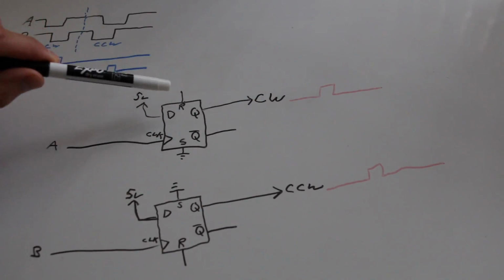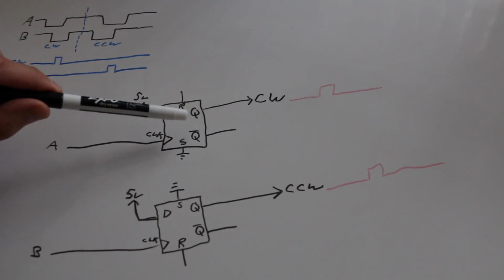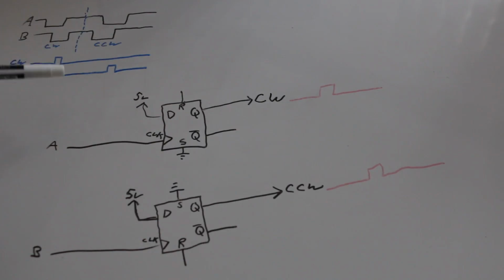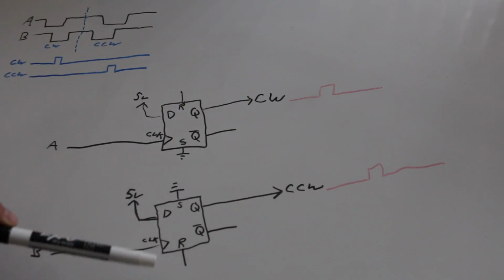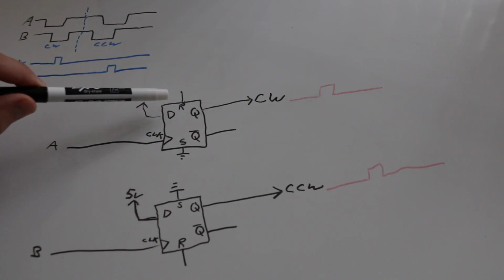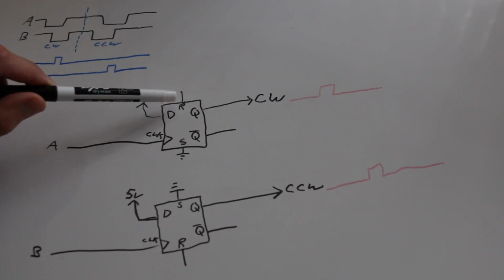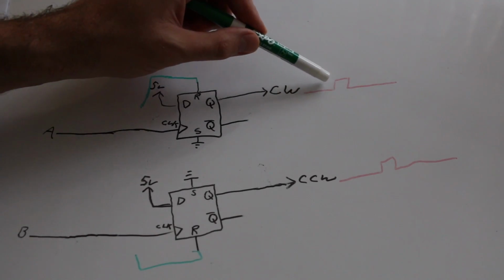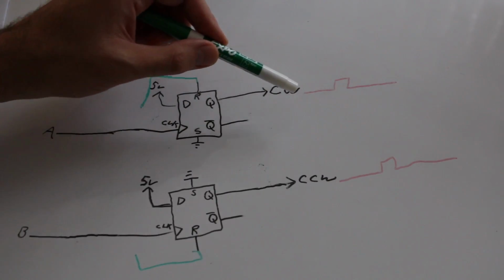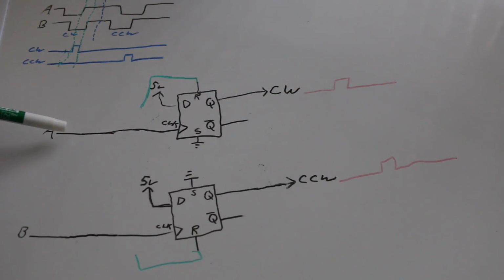Reset is active high. So we need a place in our timing waveform where we can pick off some activity here and generate a signal going high, which will cause a reset. We start generating whichever direction we're supposed to, but we're doing it based on the rising edge of either one of these.